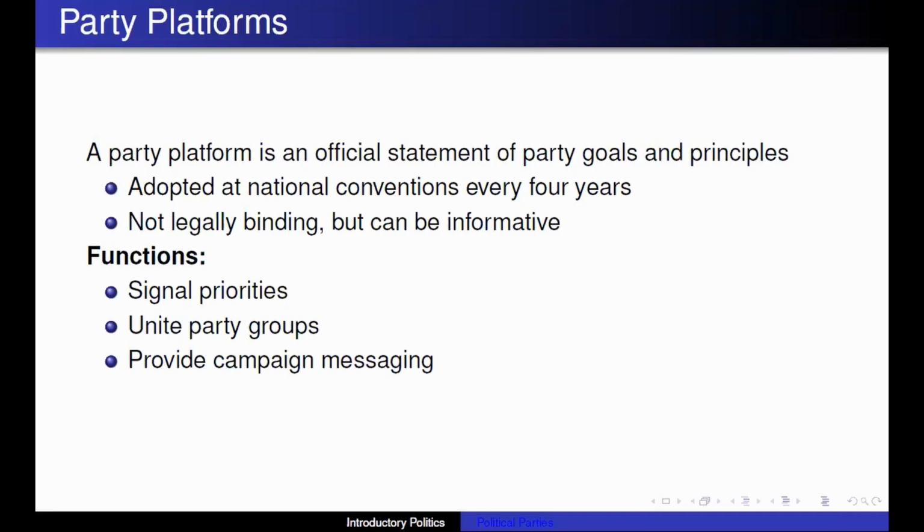One of these is to signal priorities. Party platforms are able to tell voters what the party believes in, what they stand for. They also allow parties to unite groups. These coalitions of voters are really important for political parties.